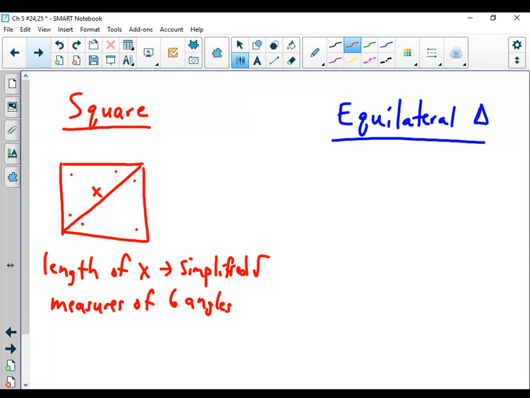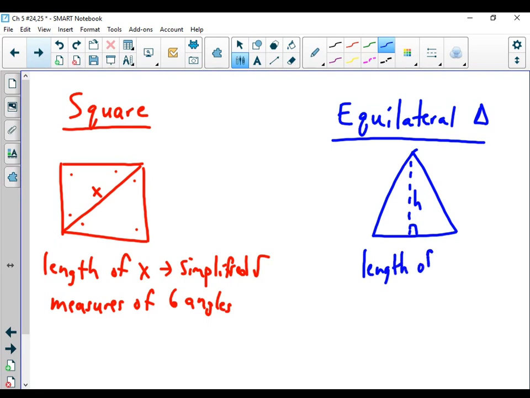When I give you the side length for the equilateral triangle, what I want you to find is the height of that equilateral triangle. Same thing though, make sure that you don't have any decimals. It needs to be in simplified square root form.